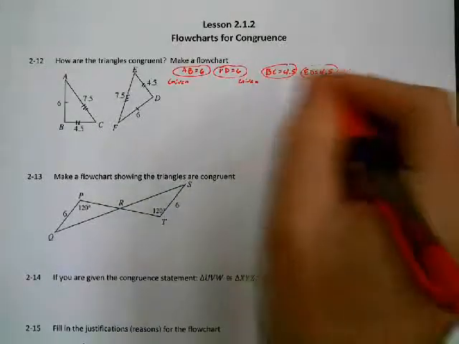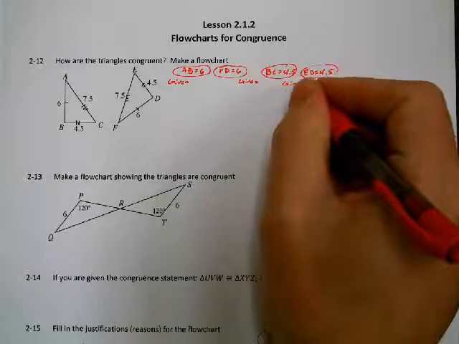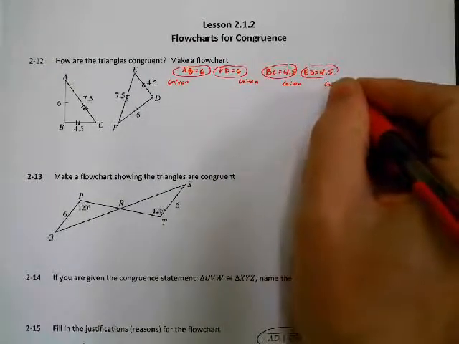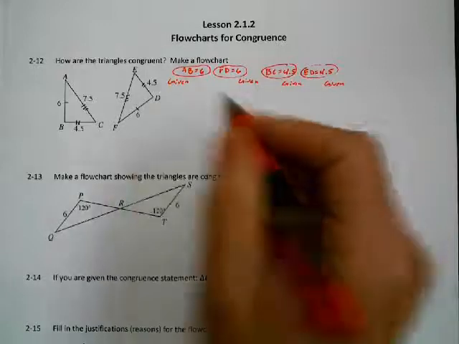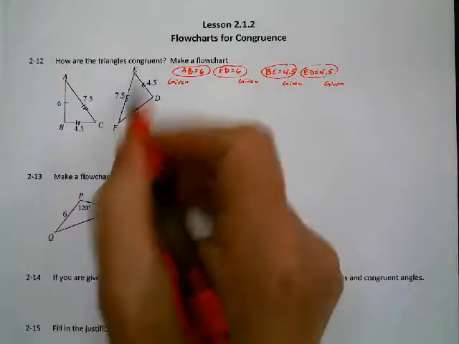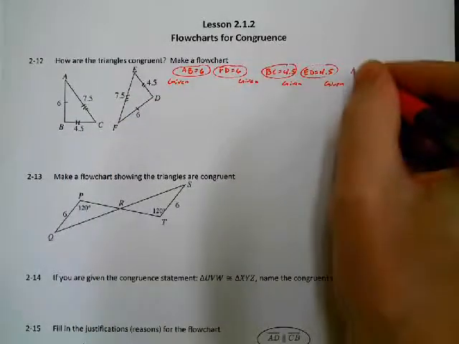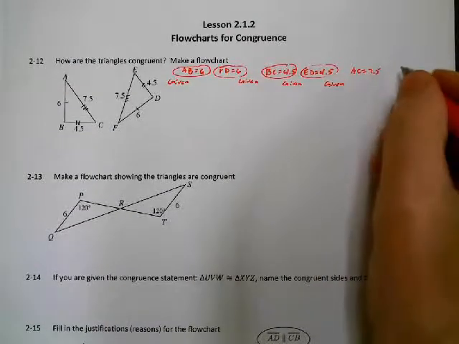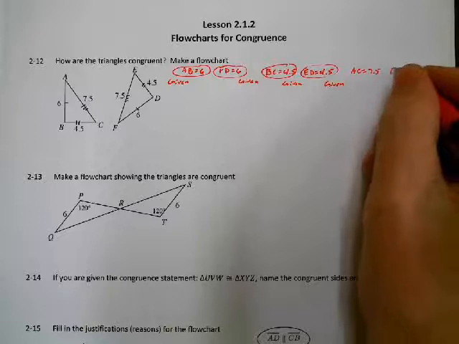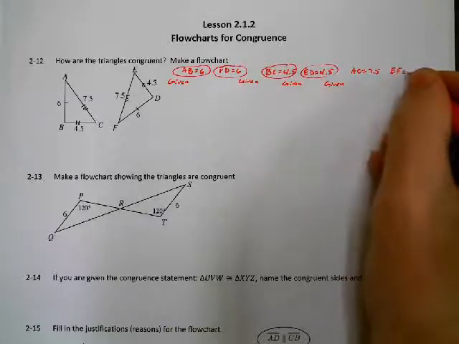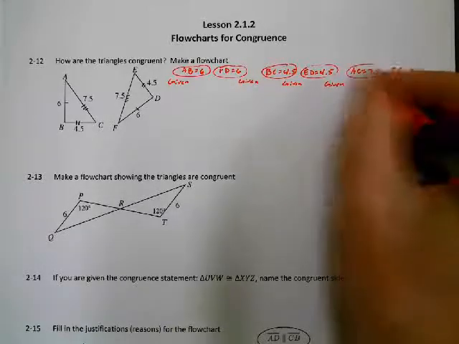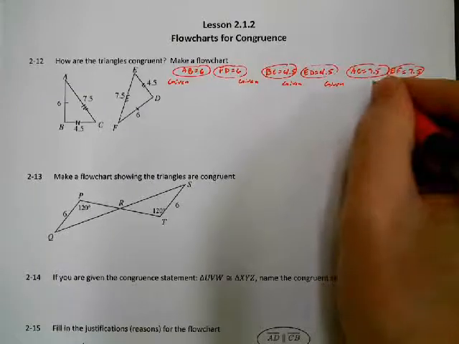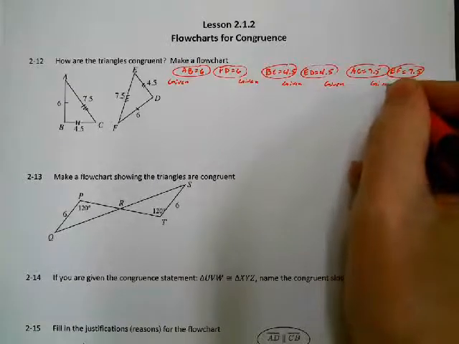Those, of course, are given. Lastly, AC is 7.5 and EF is 7.5, and those are also given to me.